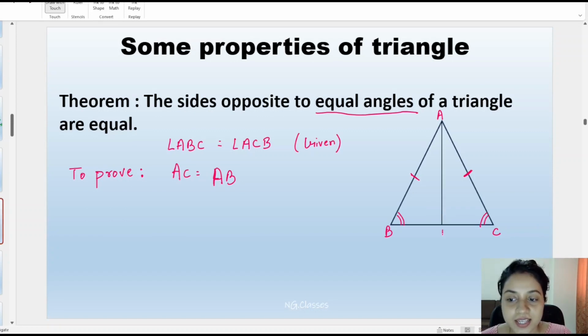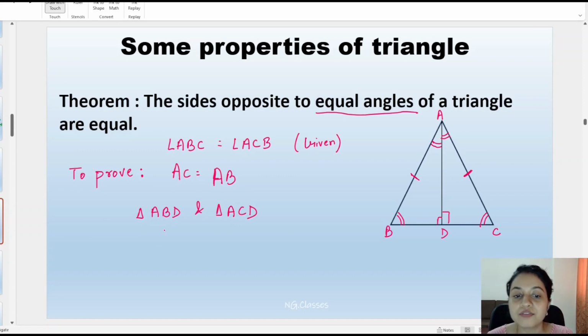So let's say AD is the perpendicular bisector. Here we have 90 degrees, and here also we have 90 degrees since we have dropped a perpendicular, and it also works as a bisector of angle A. So angle DAC is equal to angle DAB. And now we can see two triangles, that is triangle ABD and triangle ACD.